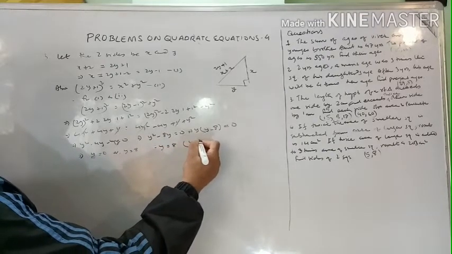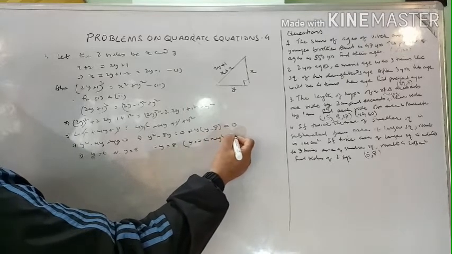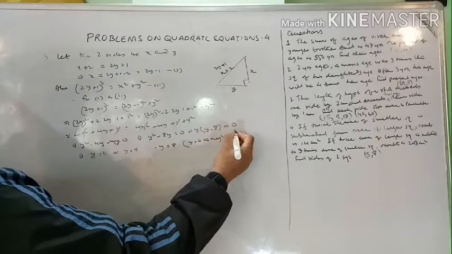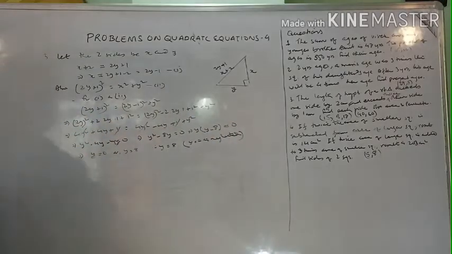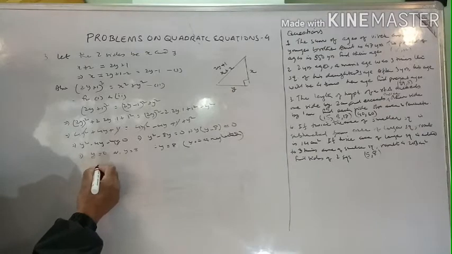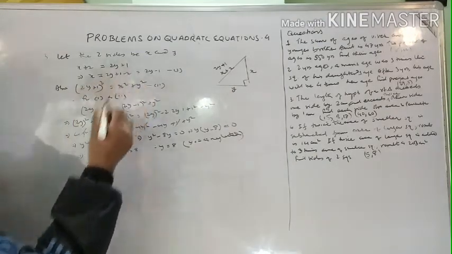So you take y equal to 8. y equal to 0 is neglected, because the side cannot be 0 or negative. So if y equal to 8, then what is x equal to? We have x equal to 2y minus 1.